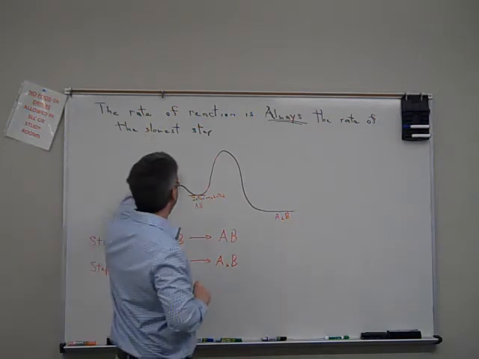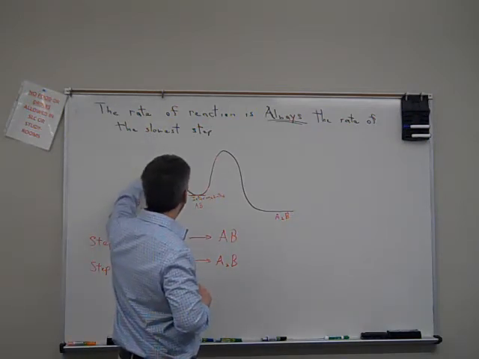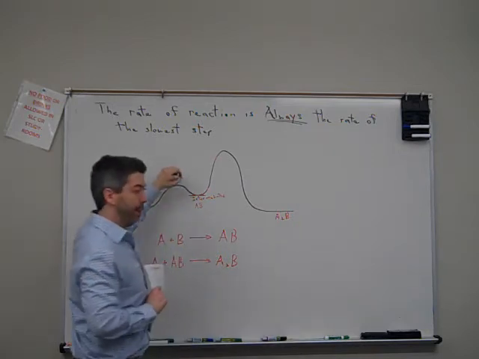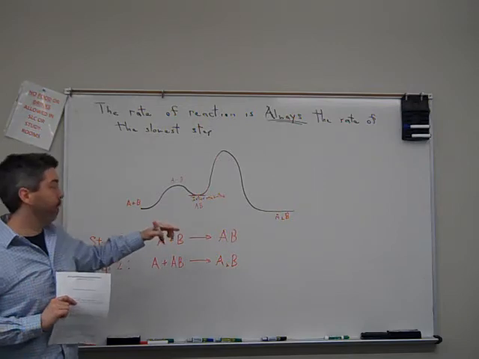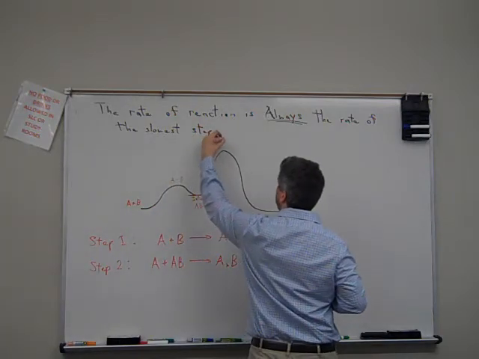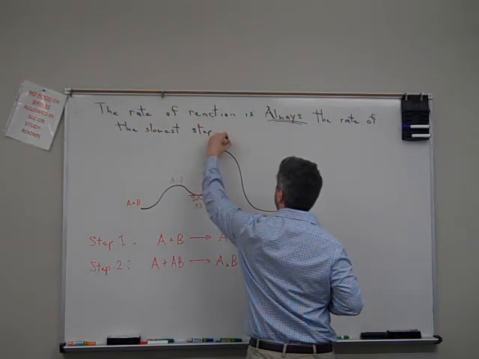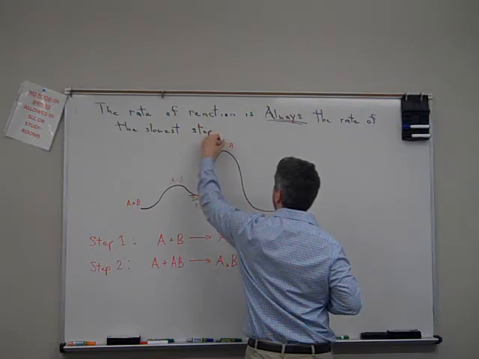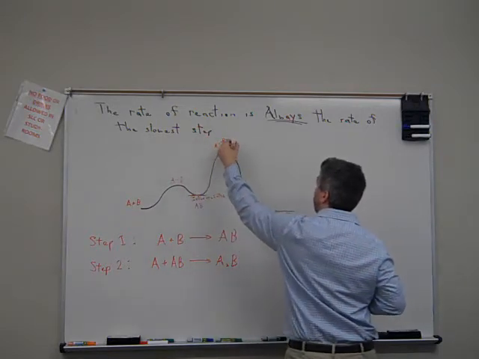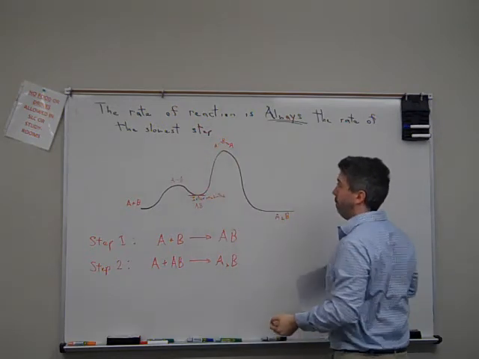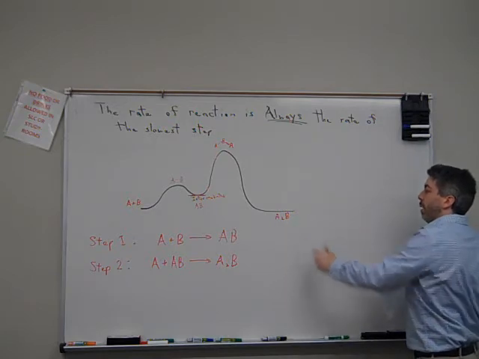The transition state here could be something like where A is partially starting to form a bond with B. It's coming together, but it's not completely there. And the transition state up here could be something like where B is more or less bonded with A, but this other one is starting to come in and form a bond with B to give you A2B.